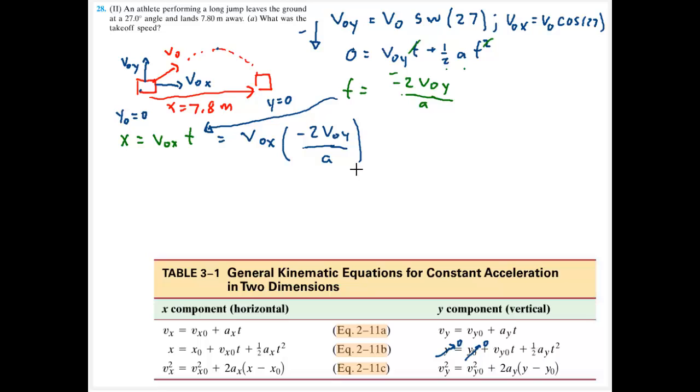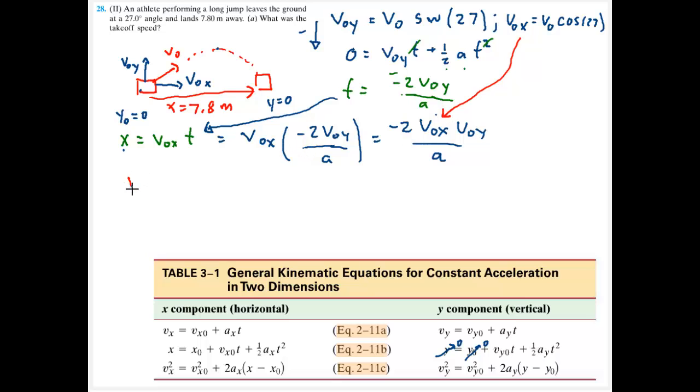Now I can say, well, I'm going to have negative 2 v naught x v naught y divided by a is equal to my distance. I know what my distance is. I'm looking for v naught, so I need to take my expressions for v naught x and for v naught y, these guys right up here, and plug them right on in.